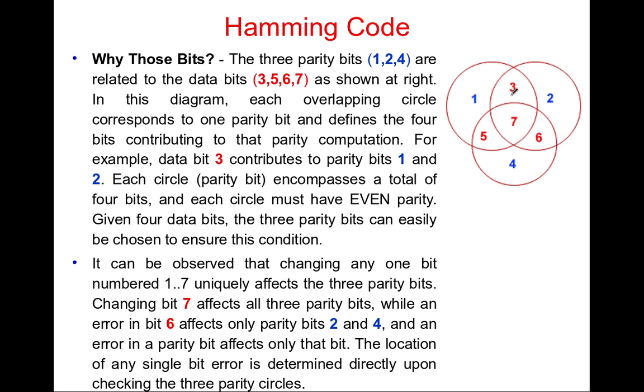If any of the data bits is changed, the parity bit which is in that circle will be affected. For example, if the third data bit is changed, it will affect 1 and 2 but not 4. If the 7th data bit is changed, it will affect all the 3 parity bits, and so on.